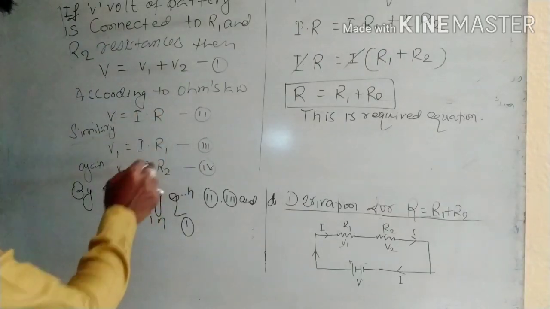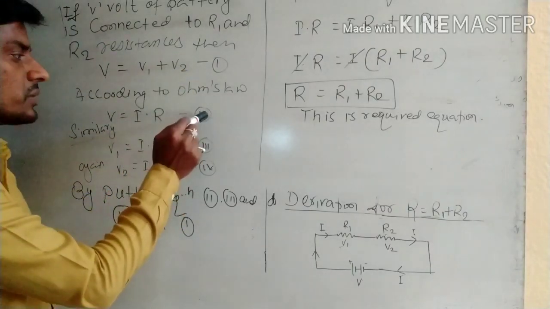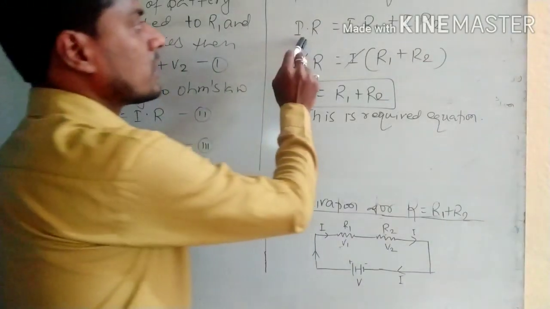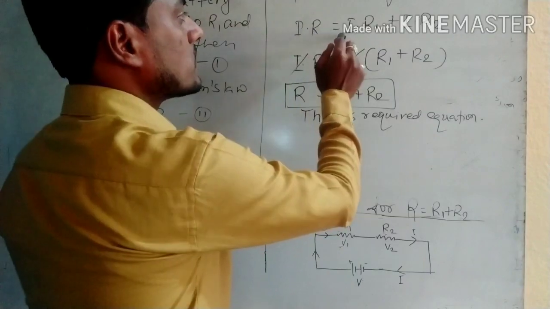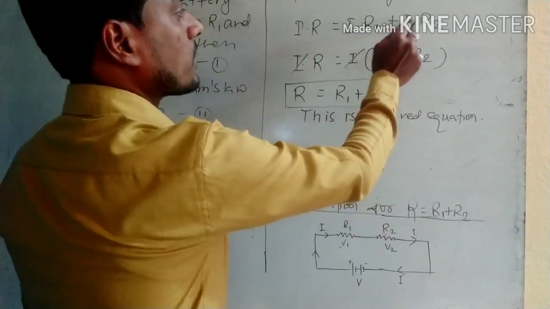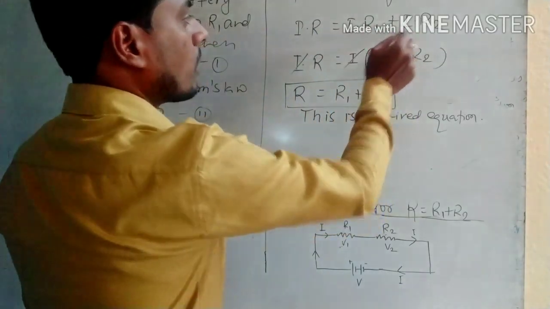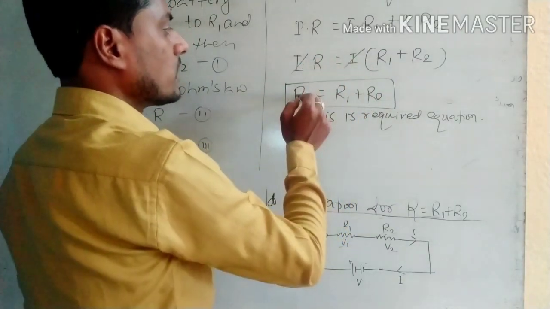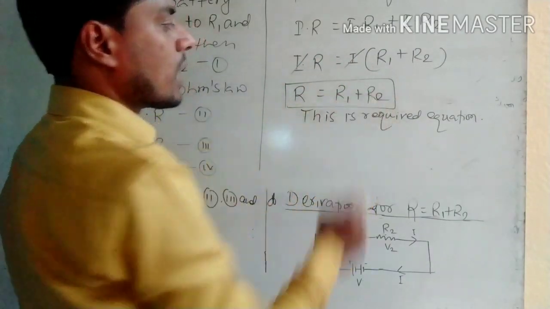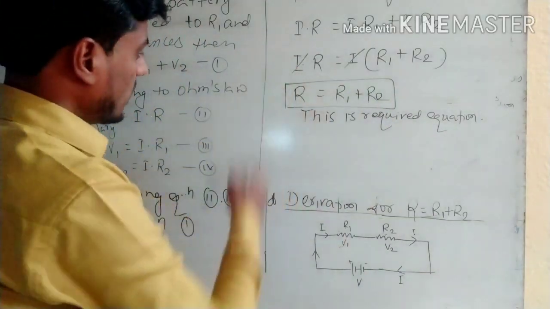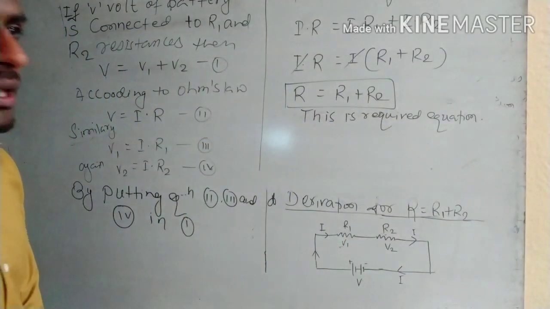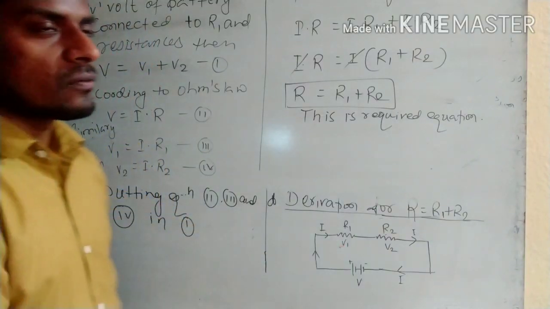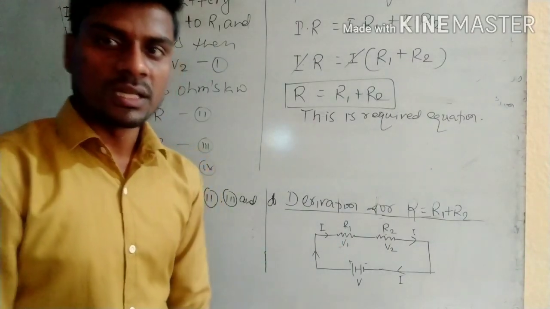Now we put equations second, third and fourth in equation first, and we get I into R is equal to I into R1 plus I into R2. We take I common and cancel it on both sides. We get finally R is equal to R1 plus R2. That means in this way we can get the derivation for the combination of resistance in series.